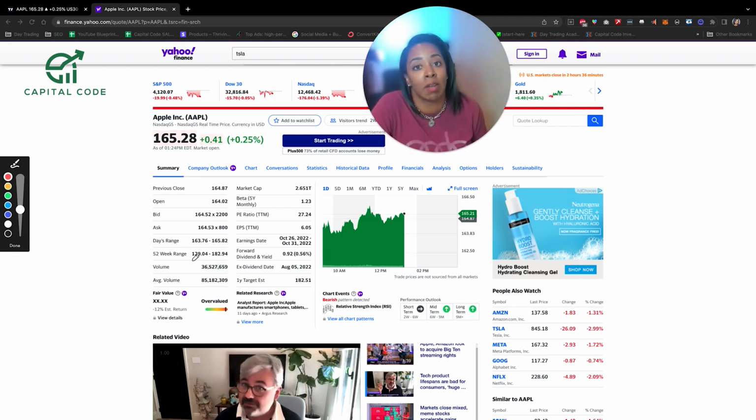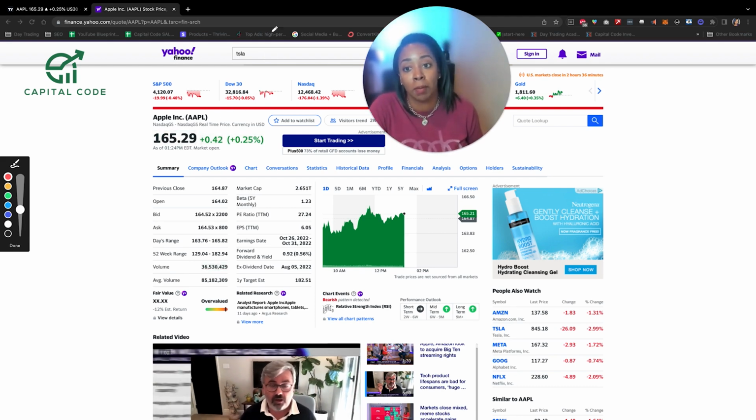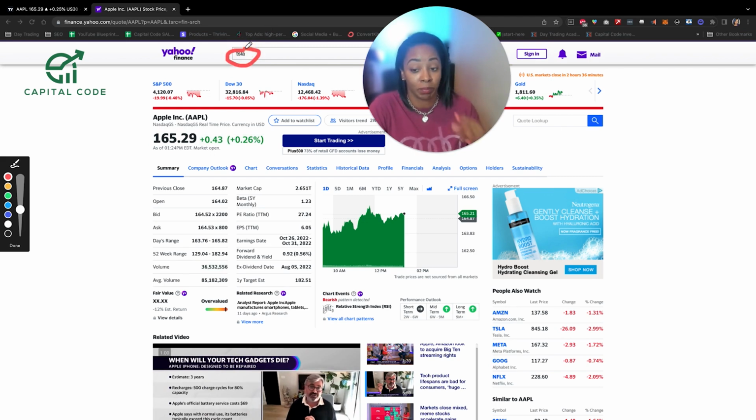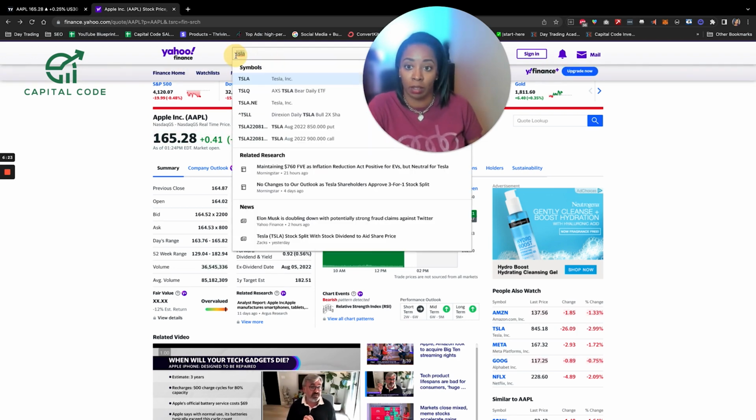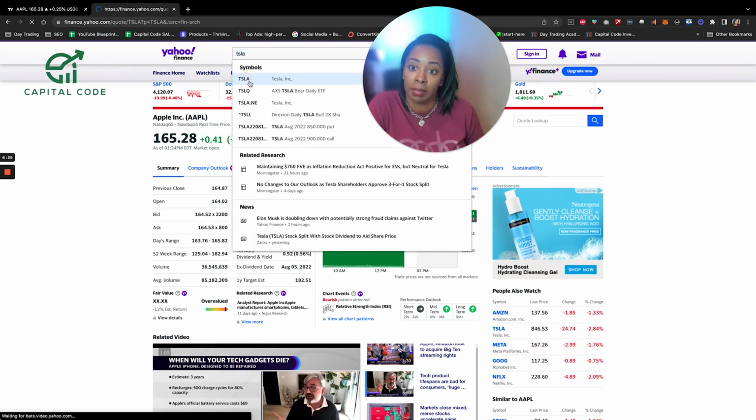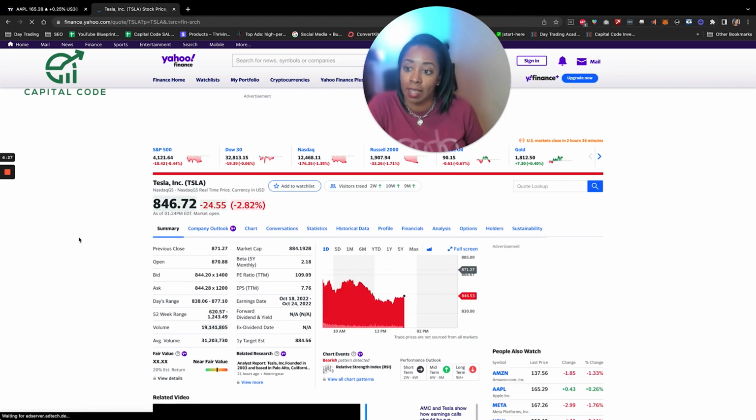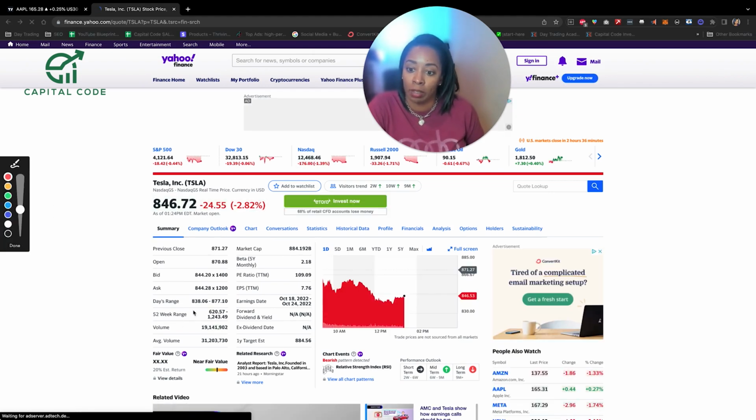It's really good to know because some companies, like for instance Tesla, have a much different 52-week range. Let's go ahead and look at that just so we can compare it really quick. Tesla. So we see that their day range right here is between $8.38 and $8.77.